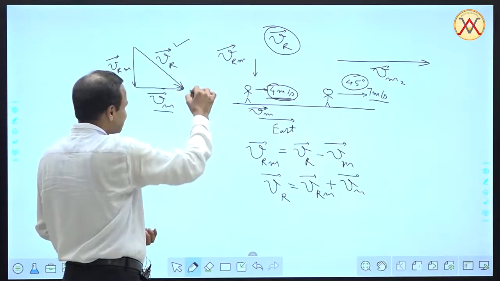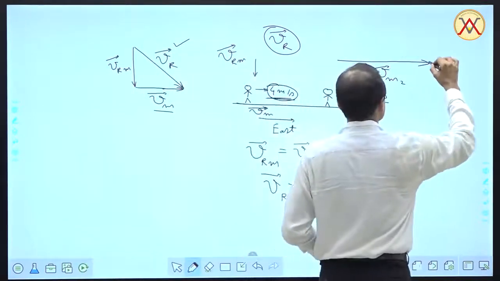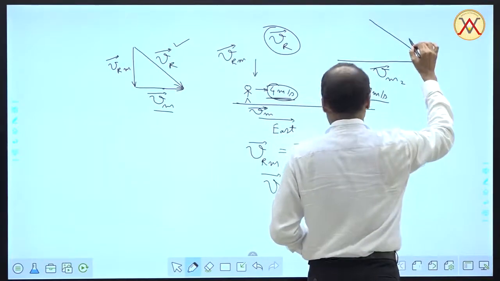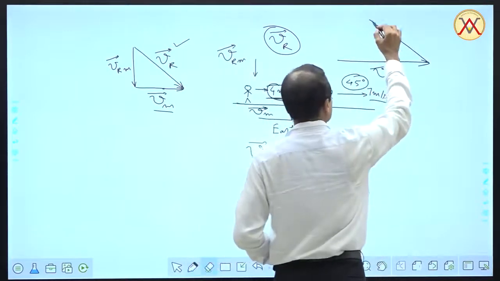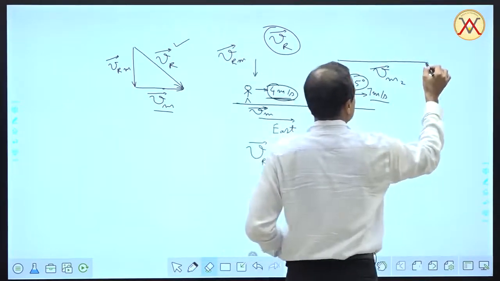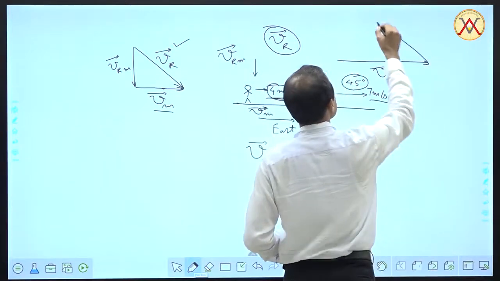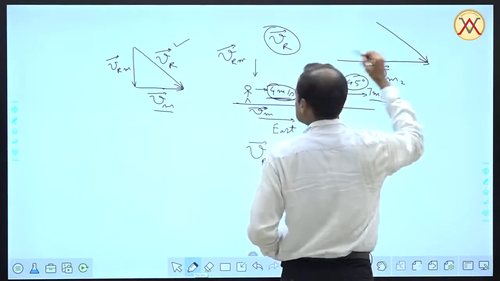So I am drawing this Vr vector as it is. Just like this case, I am drawing it here. Same Vr vector. Let me draw it again. This Vr vector in this case is the same one.